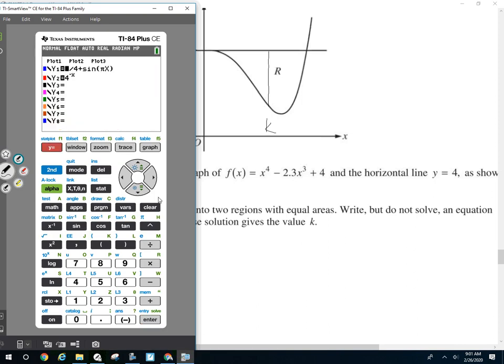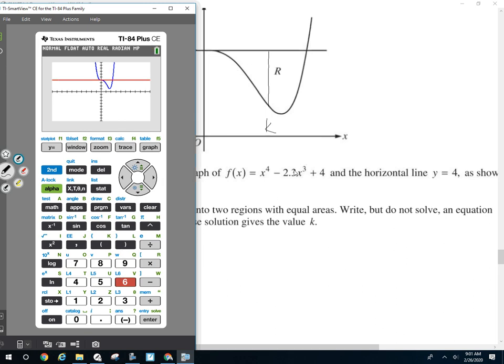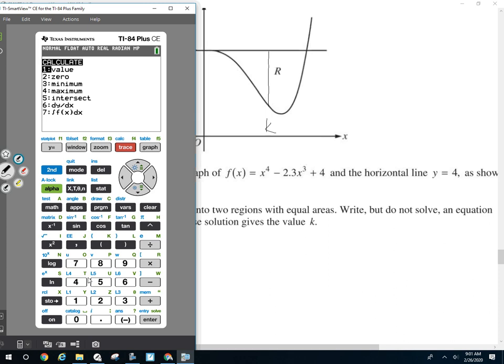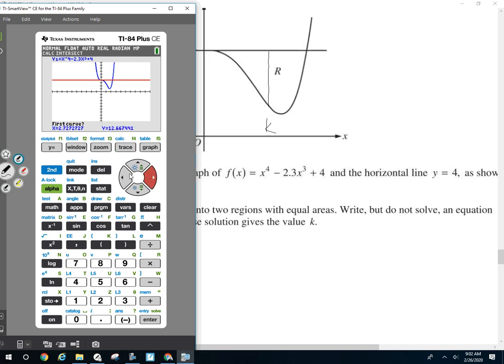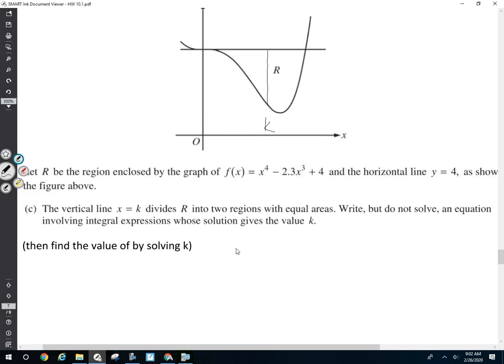Let's try and do this quickly. X to the 4th minus 2.3 x cubed plus 4. Y equals 4. Graph. Standard. There it is. The first intersection is at 0, 4, and then the second intersection is at 2.3. That's nice. All right, so this is 2.3.